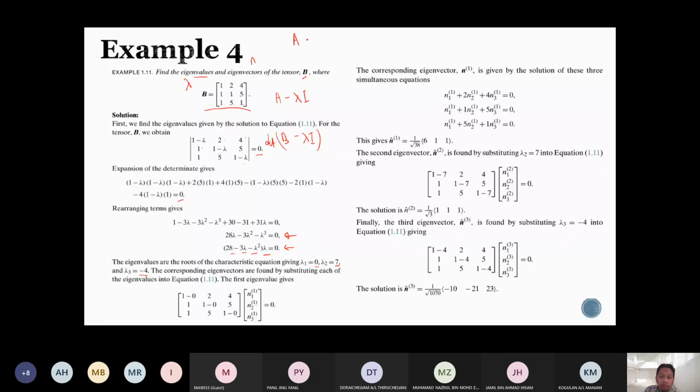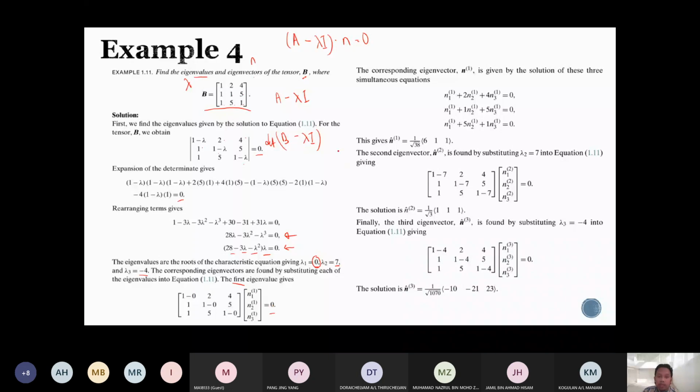So for example, using the first eigenvalue, which is 0, you substitute lambda with 0 times the vector n equals 0.